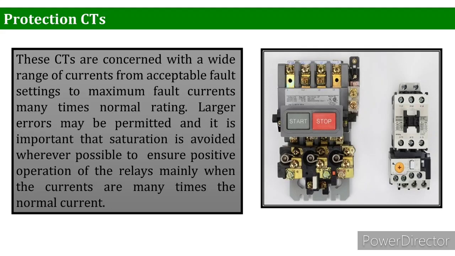As we discussed in the last slide about the metering CT, the other one is the protection CT. Protection CTs are designed to measure the actual currents in the power systems and to produce proportional currents in their secondary windings, which are basically isolated from the main power circuits.